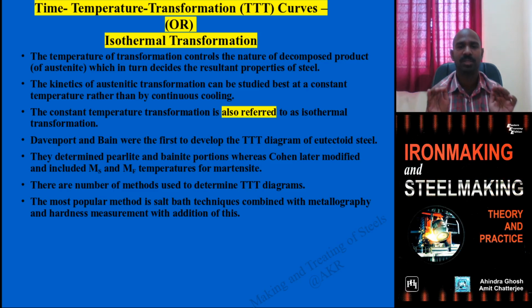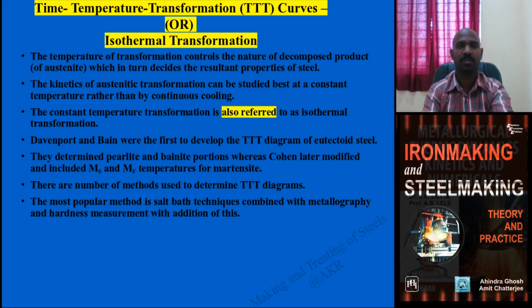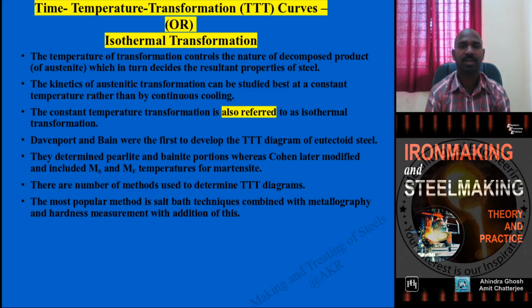You can maintain a constant temperature and vary the cooling medium, and you can get the various phase transformations by observing the microstructure at different temperature and time levels and correlating with the hardness. This is how these graphs are fitted and standardized.